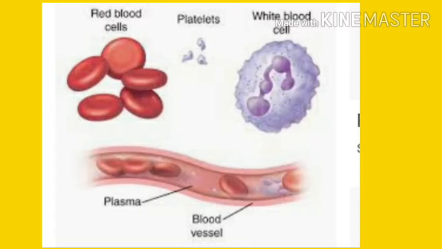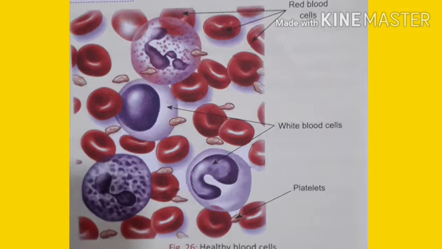Number 3, the cells have no power of division. It circulates in the body and is responsible for the transportation of materials from one place to another within the body. It also plays an important role in the defense mechanism of the body.